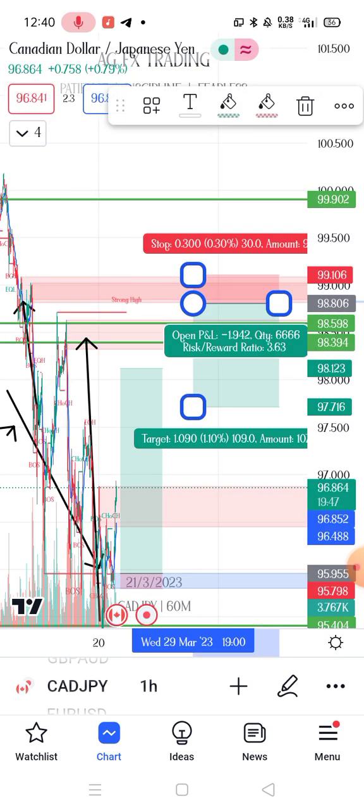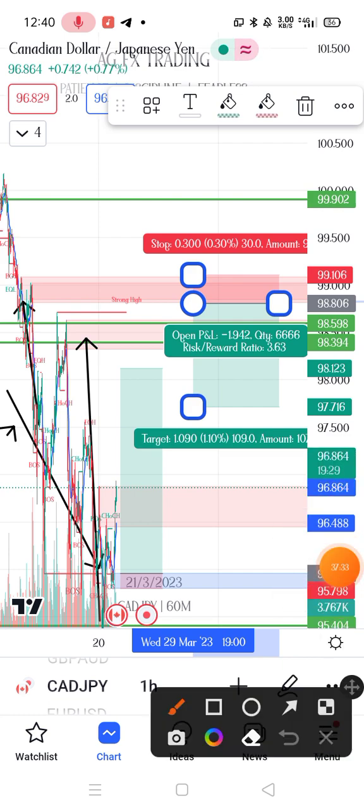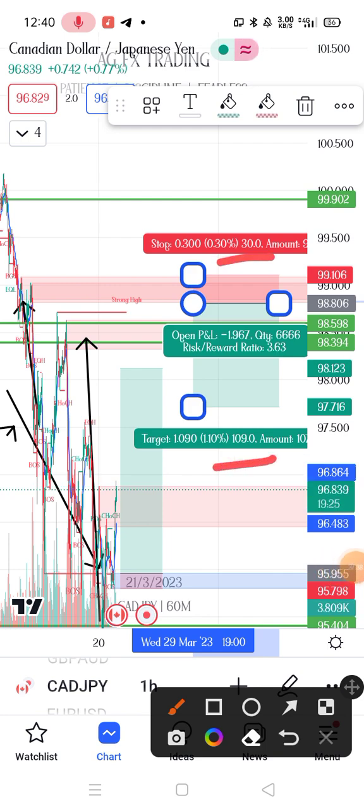Then before we do this, remember I didn't talk about the pip calculator. If I want to risk $1, I will need to know what lot size I'm entering. So I'm risking $1 to make 3. I would head on to my pip calculator. Not to make this video so long, I'll type in 30 pips to know my stop loss, so I will know my lot size.